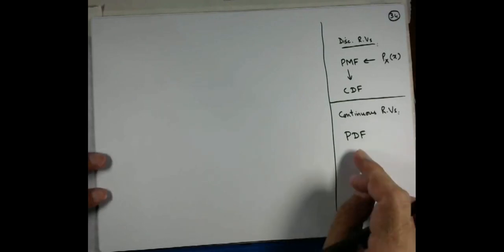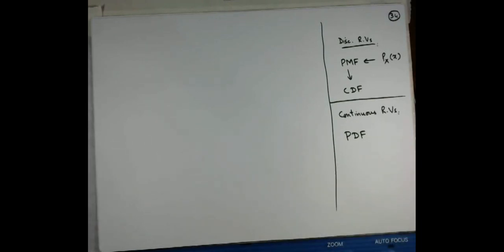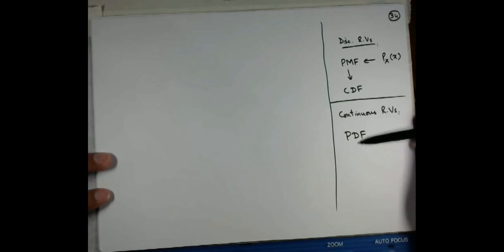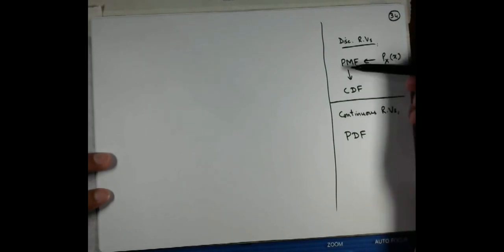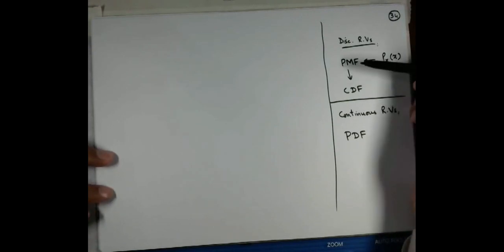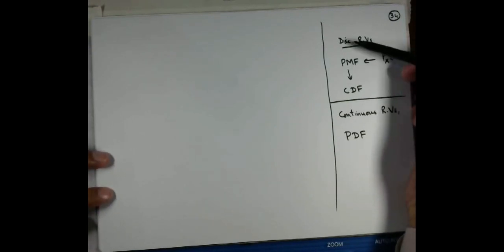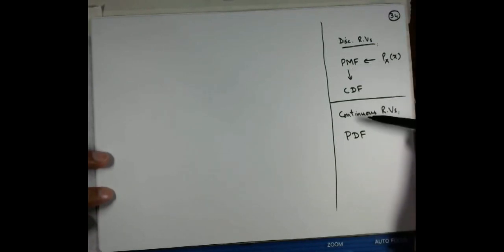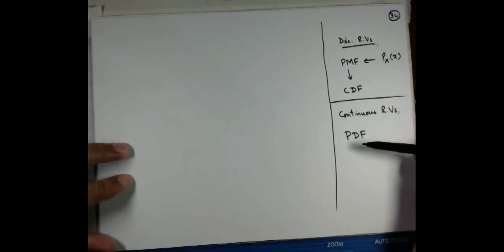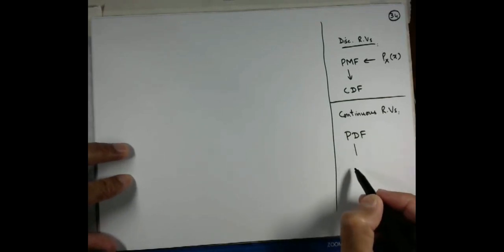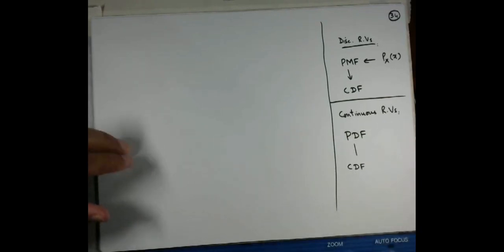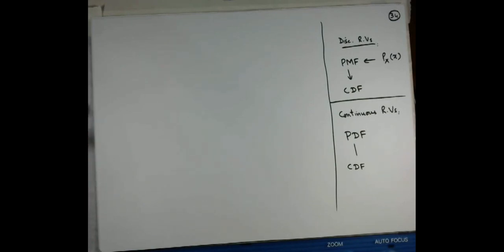I'll clearly describe and clarify what we mean by probability density function, but at the moment just remember that this PDF is a counterpart of PMF but in the continuous domain. So the probability distribution of discrete random variables is described through probability mass function, and the probability distribution of continuous random variables is described through probability density function. And then the CDF conceptually stays the same, except that the random variables are now continuous.